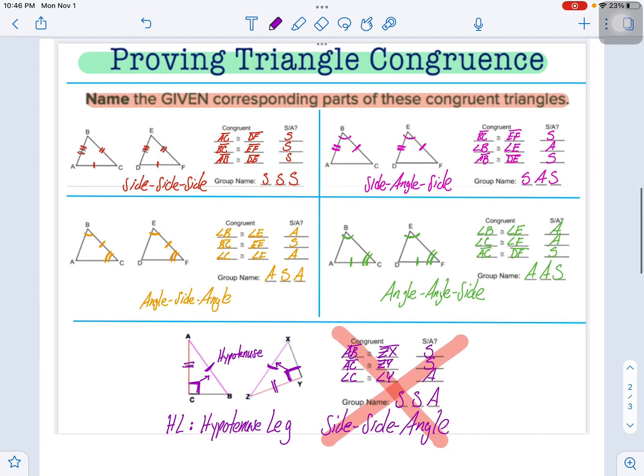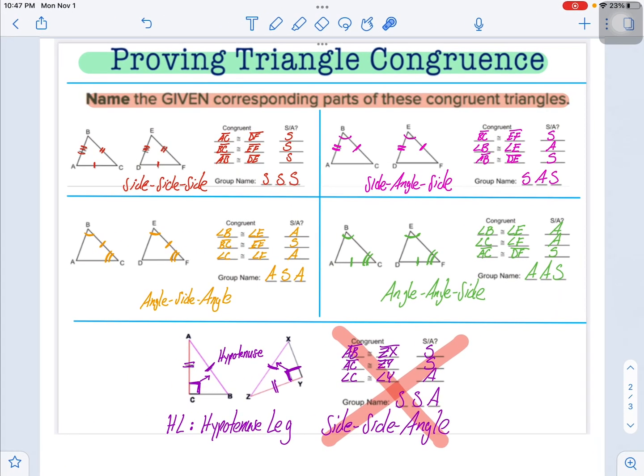So we look back, and these are the 5 ways that we can prove a triangle is congruent. Side, side, side. Angle, side, angle. Side, angle, side. Angle, angle, side. And hypotenuse leg, right?